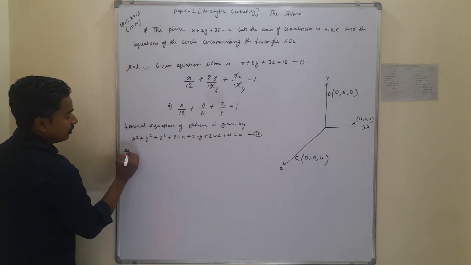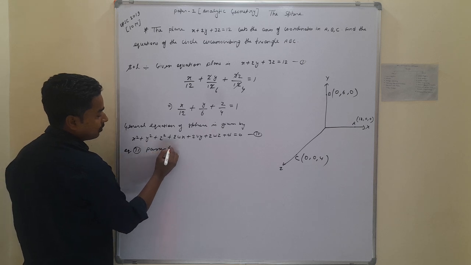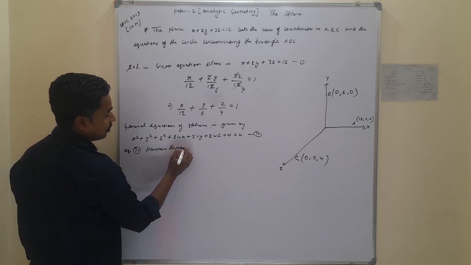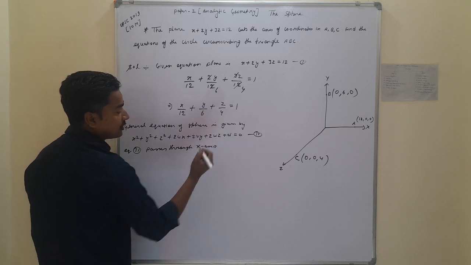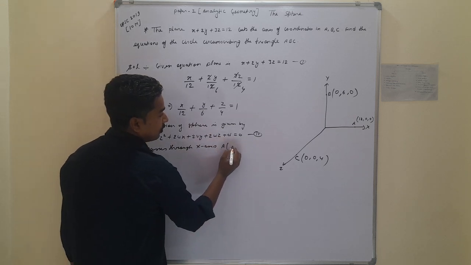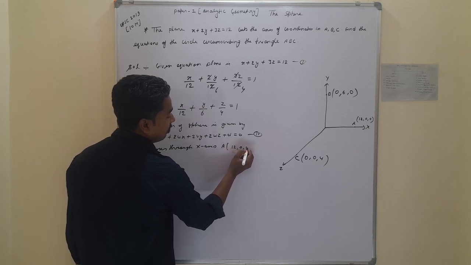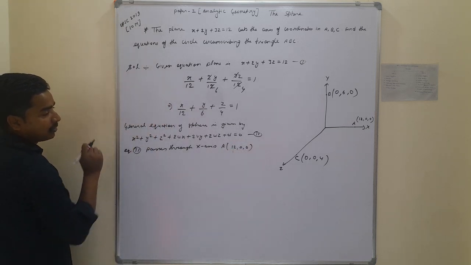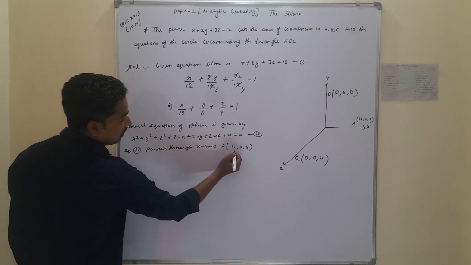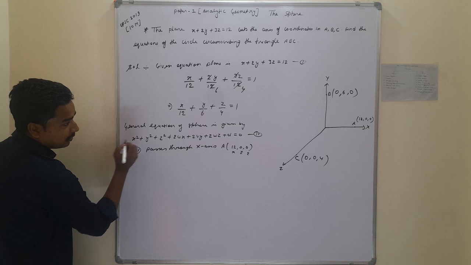Equation 2 passes through the point on the x axis, (12, 0, 0). So we put x is 12, y is 0 and z is 0 in equation 2.